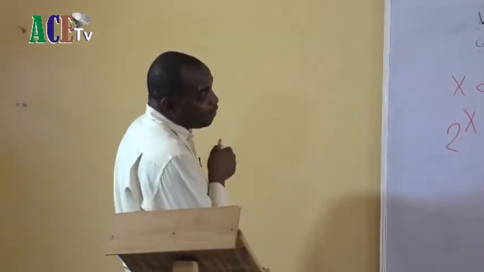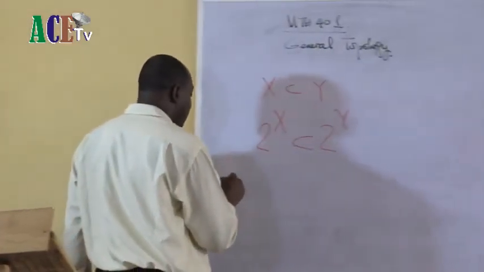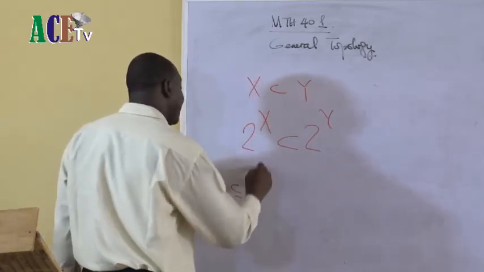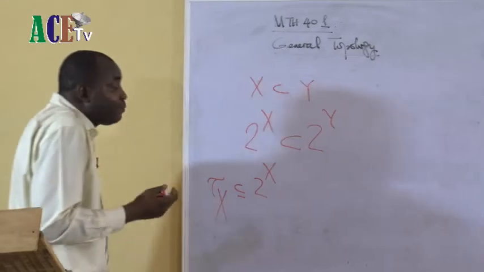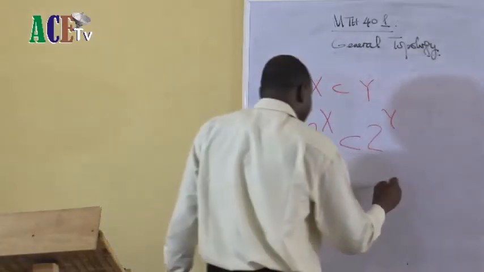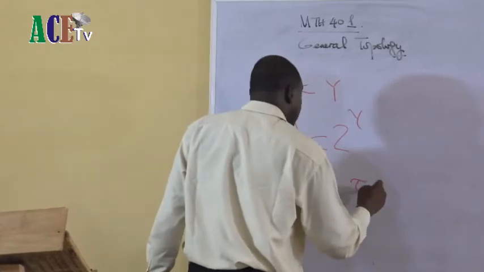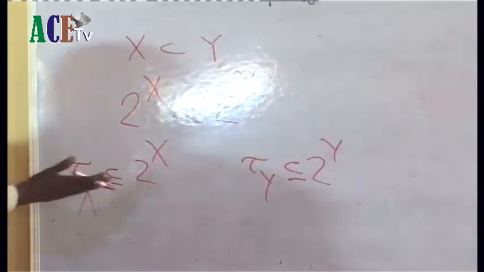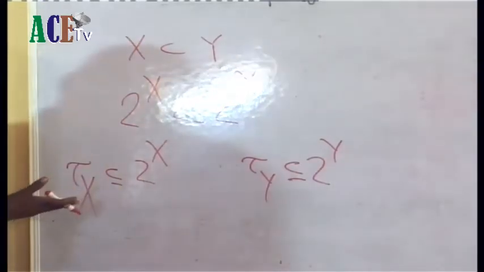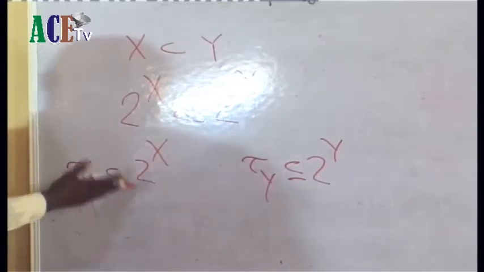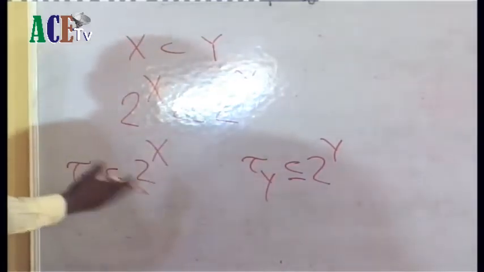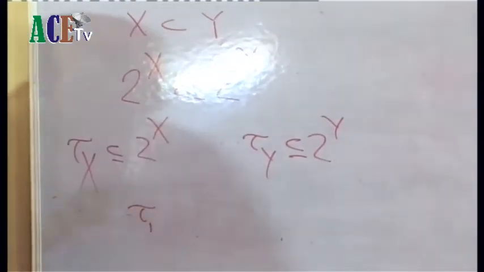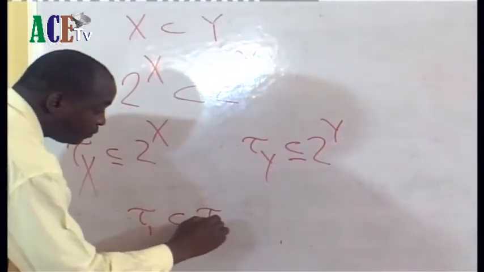Now, another thing we need to know is that if the topology on X is a subset of the power set, then it means that you can also compare the topology in Y. So you can say, okay, this one is a class of sets that are subsets of the power set, and you can always obtain two topologies that are comparable.